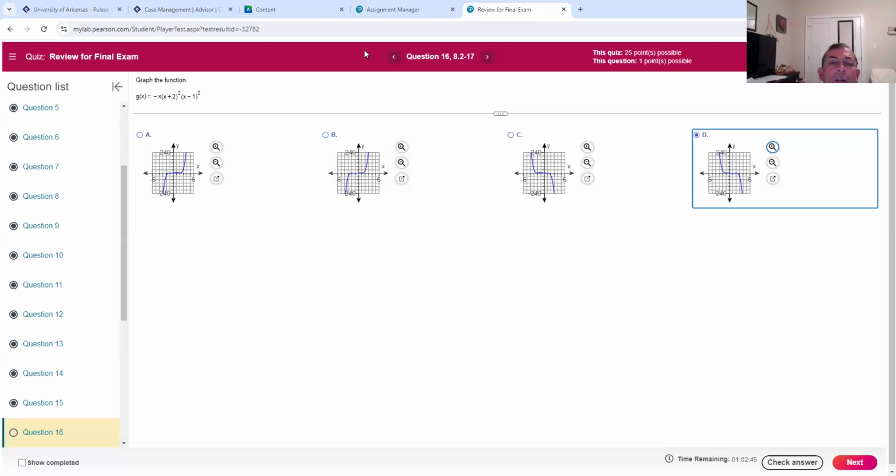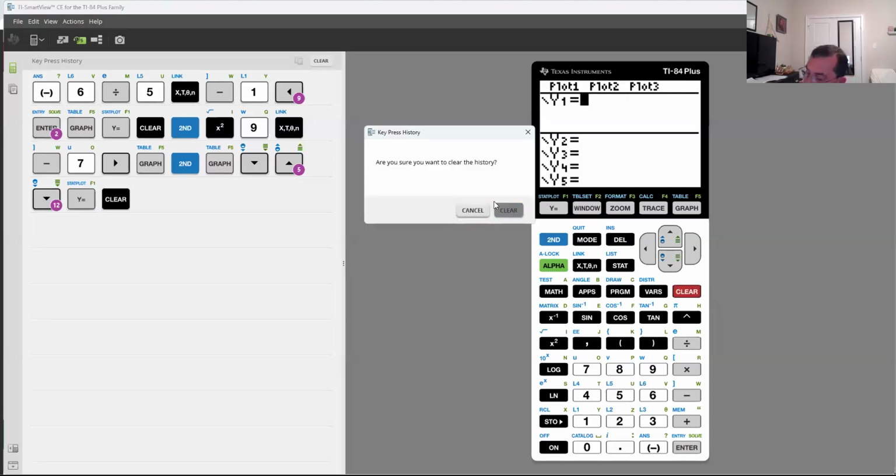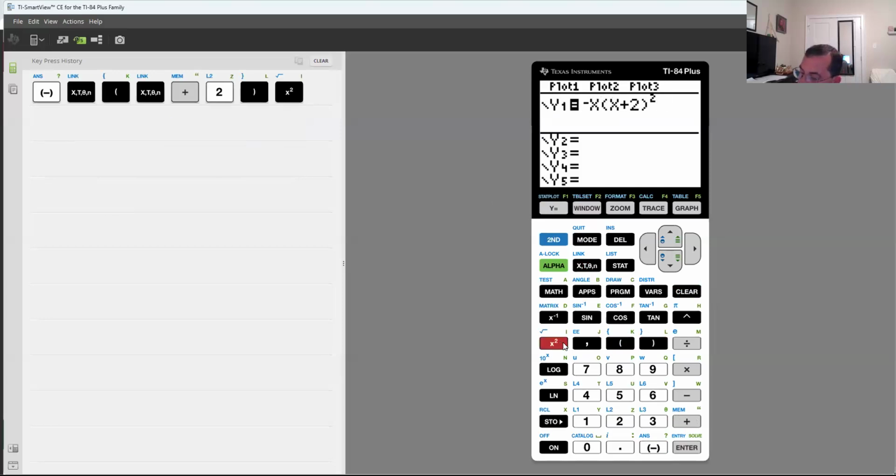All righty, so I'm going to set the window for this one. So y'all going to clear everything else out. All right, so I had a negative x times x plus 2 squared times parentheses x minus 1 close parentheses and square.